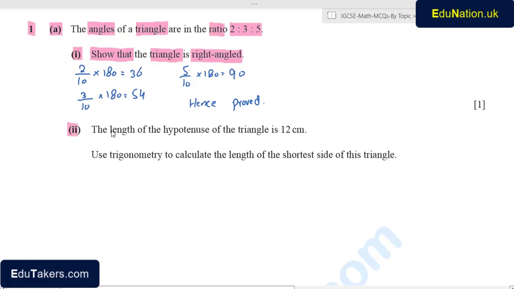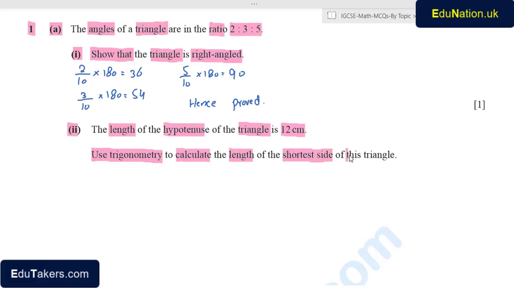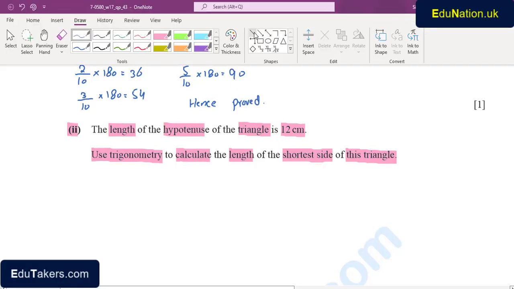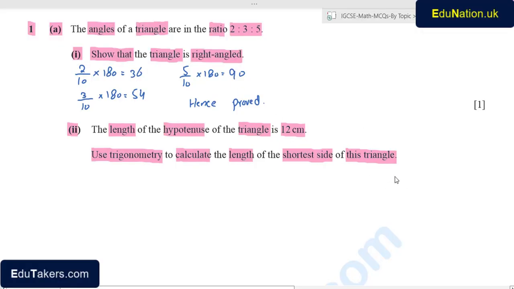It's part 2. The length of the hypotenuse of the triangle is 12 centimeters. Use trigonometry to calculate the length of the shortest side of this triangle. Length of its hypotenuse is 12 centimeters. To understand this, we will draw our triangle.